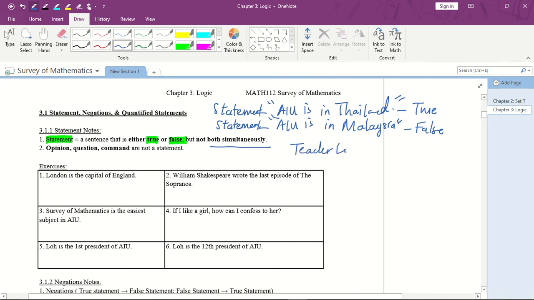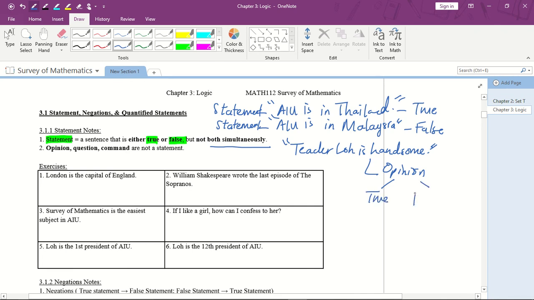Teacher Lo is handsome. When we look at this sentence, how do you know whether it is true or false? Actually, Teacher Lo is handsome is an opinion. Some people might think that Teacher Lo is handsome, so it might be true.